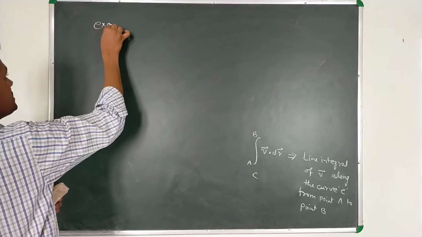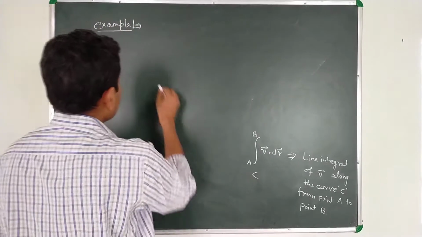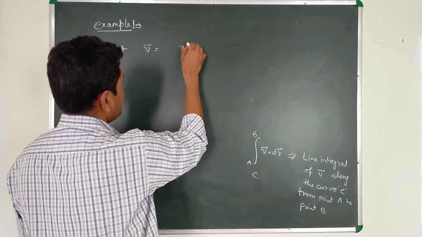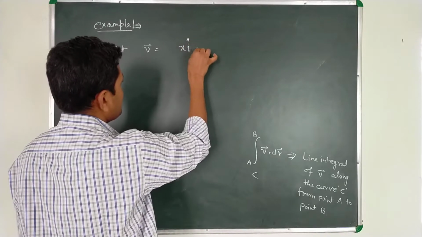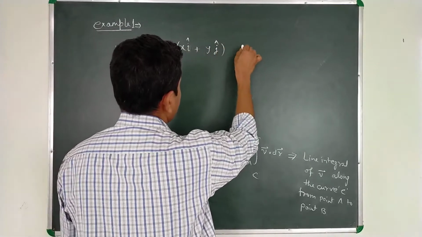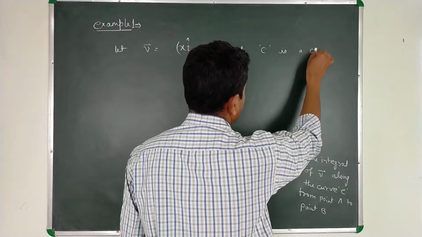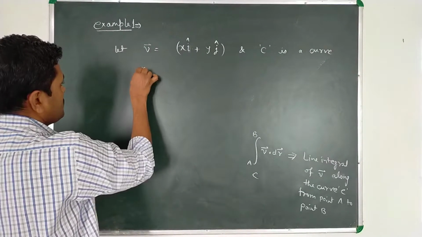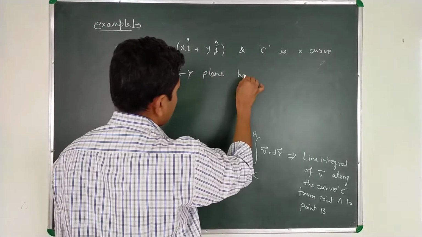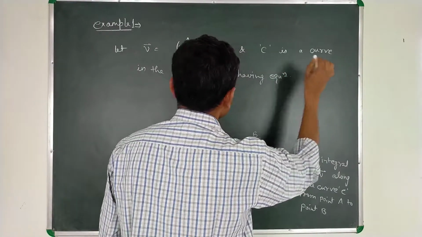Now take one example. Example 1. Let v is equal to x i cap plus y j cap, and C is a curve in the xy plane having equation y is equal to x square.